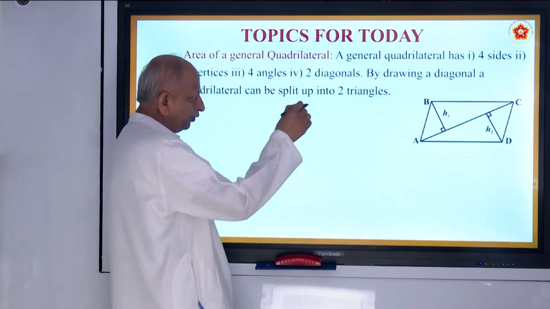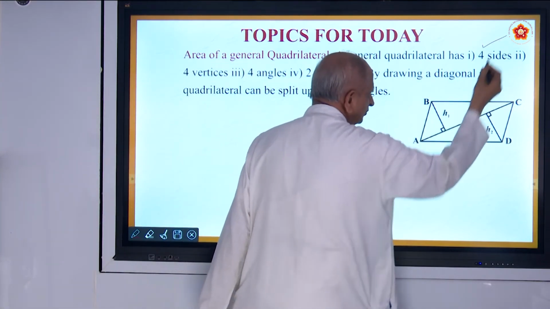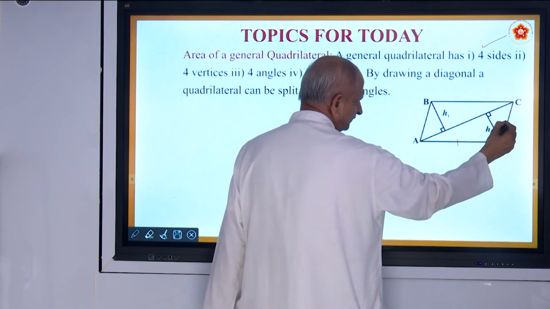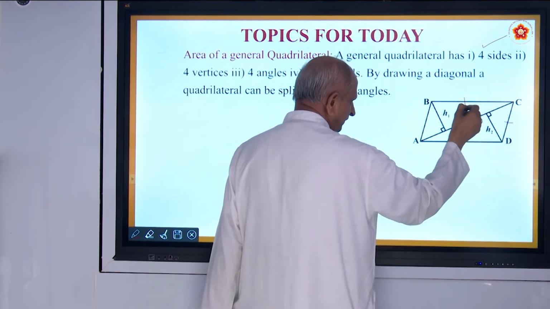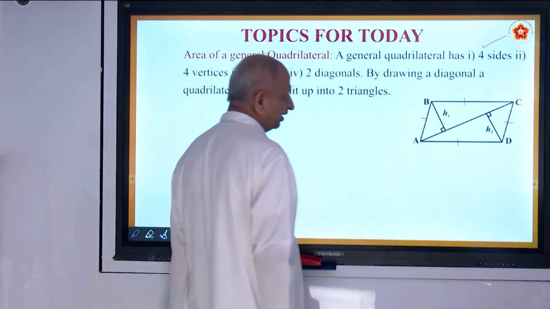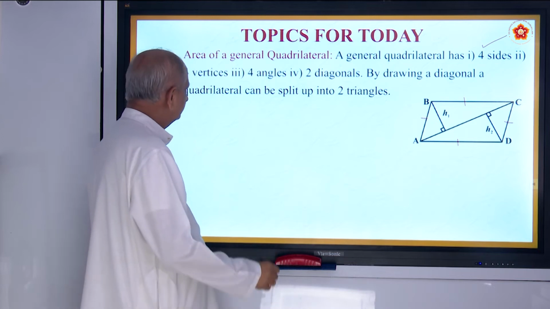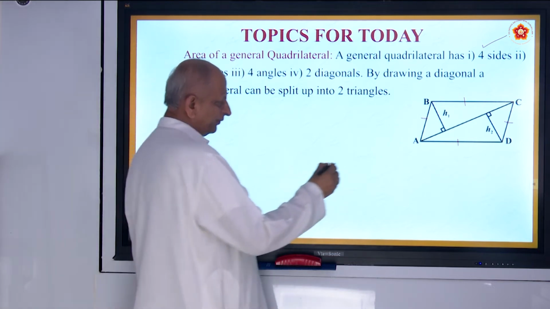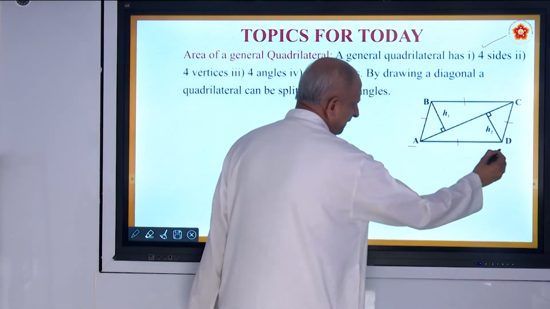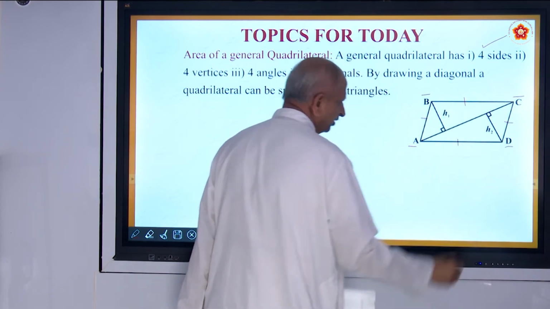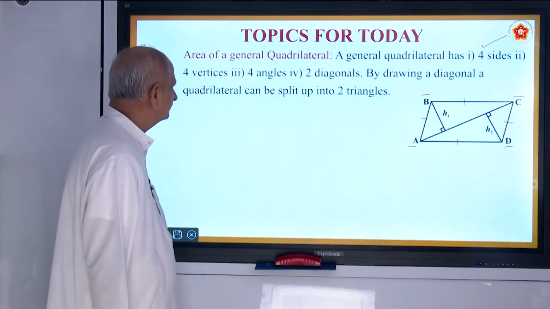It has 4 sides. What are the 4 sides? AD, DC, BC, AB. These are called 4 sides. It has 4 vertices. These are called vertices. A, B, C, D.